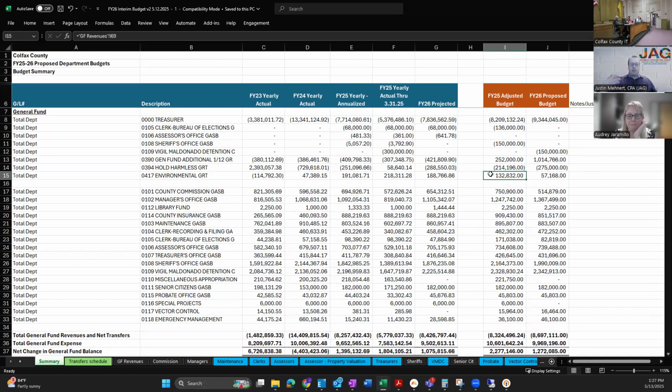I know there have been some 3% increases that the assessor was referencing earlier in the commission meeting, but it's still good to just keep it at that same prior year level. But yeah, it could be 3% higher.